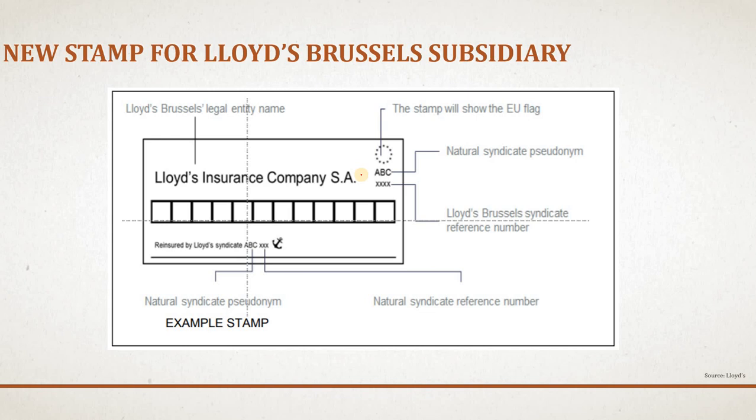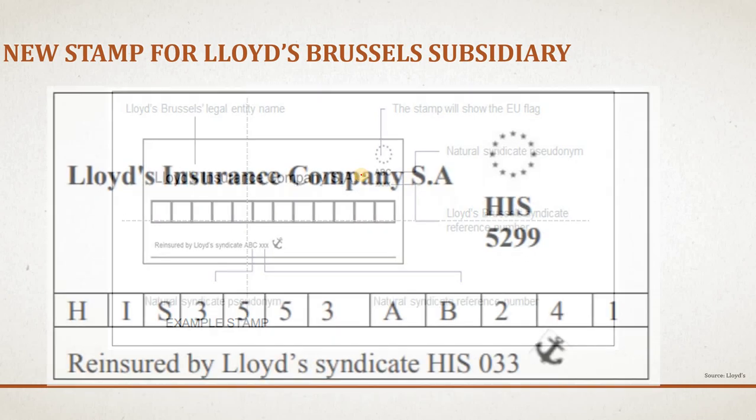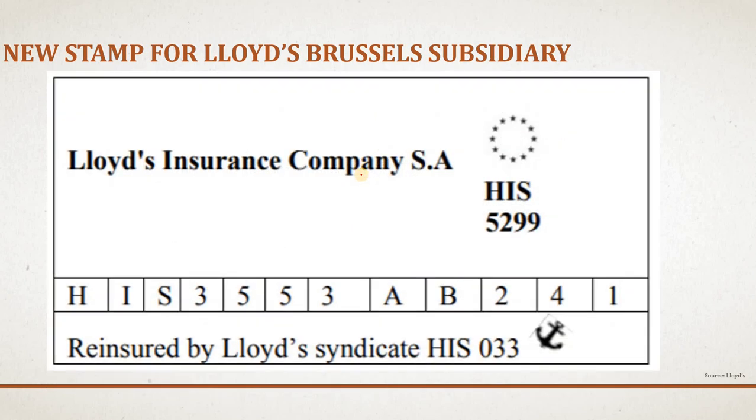Say, for example, the MRC has two sets, one for EEA business and one for non-EEA business. For the EEA business, the managing agent is going to put this stamp. Let me show you how the stamp looks from the Hiscox point of view. Here we have Lloyd's Insurance Company SA, which is LBS.